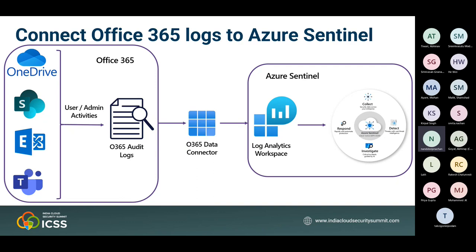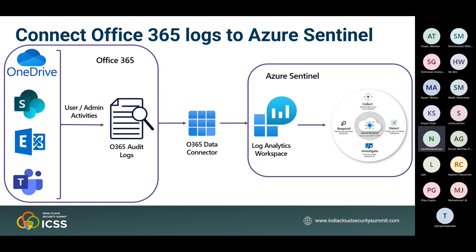So that means we have lots of services that we use as independent services like OneDrive, SharePoint, Exchange, or Teams, or we use them as a background service from Microsoft Teams to get our work done. So in an organization, we have many users, many guest accounts, many collaborators, even users from your partner organizations as well.